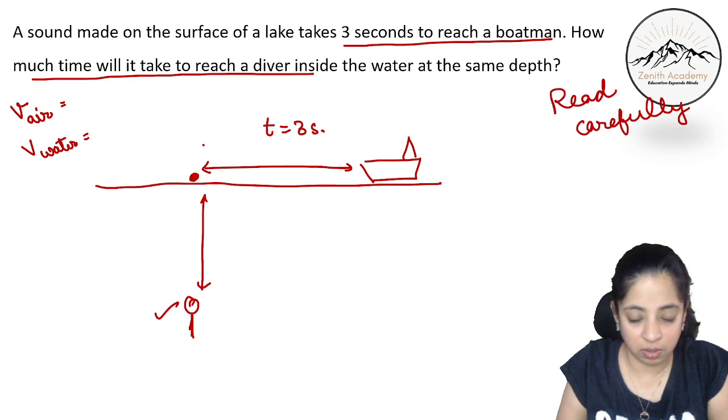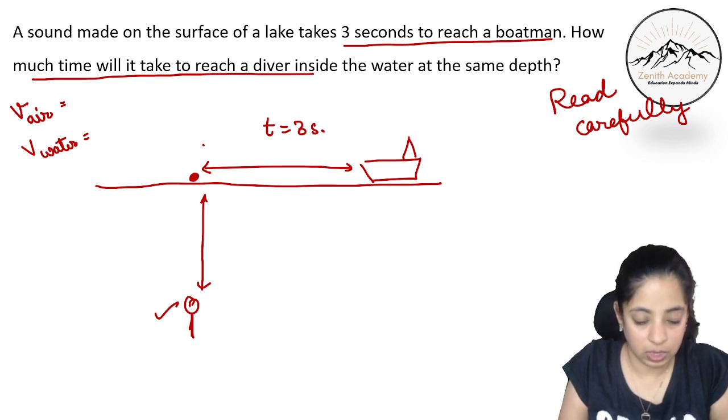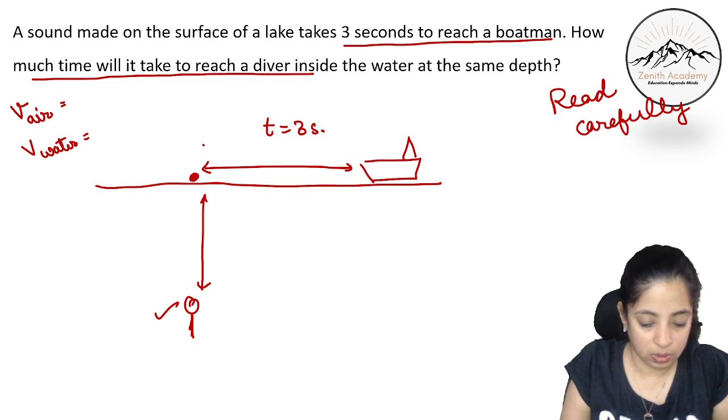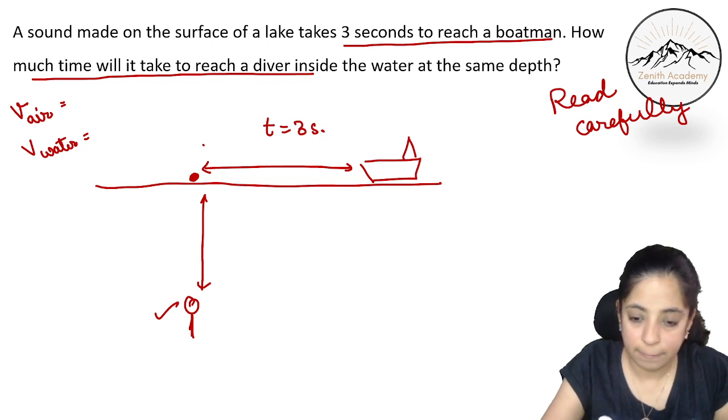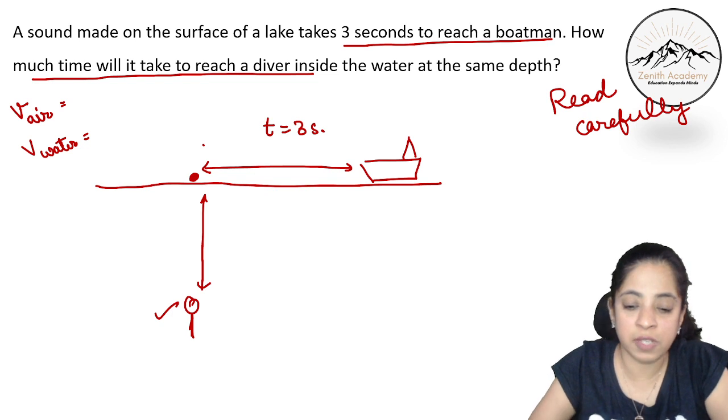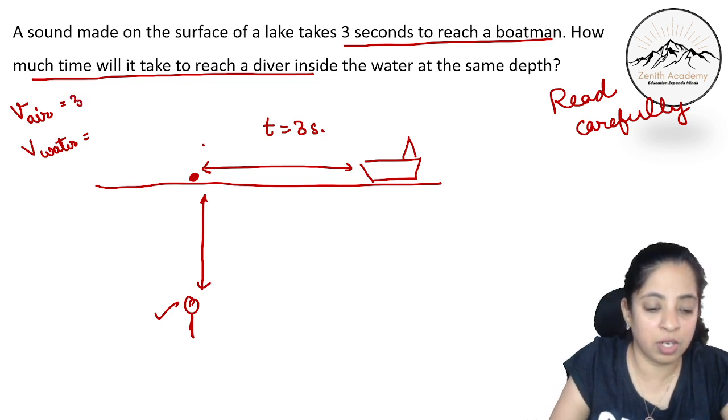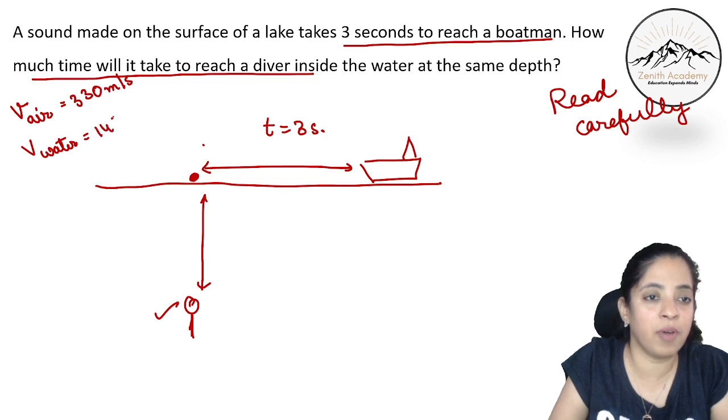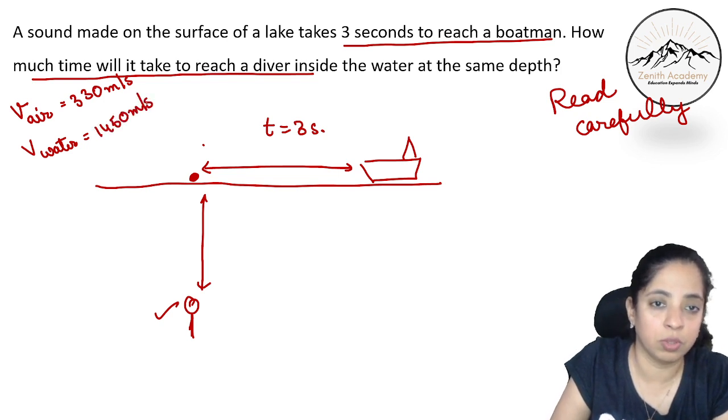Let me find what exactly they have given you. Velocity of sound in air is given as 330 meter per second in this question, and 1450. This will be provided to you.